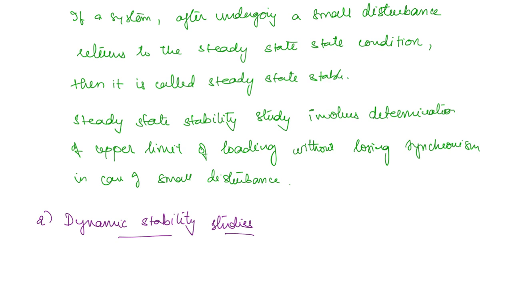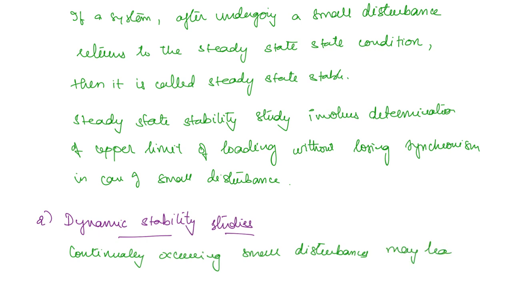But if it is not the case, then it is called dynamically unstable. So you can write down here, continually occurring small disturbances may lead to a state of natural oscillations.